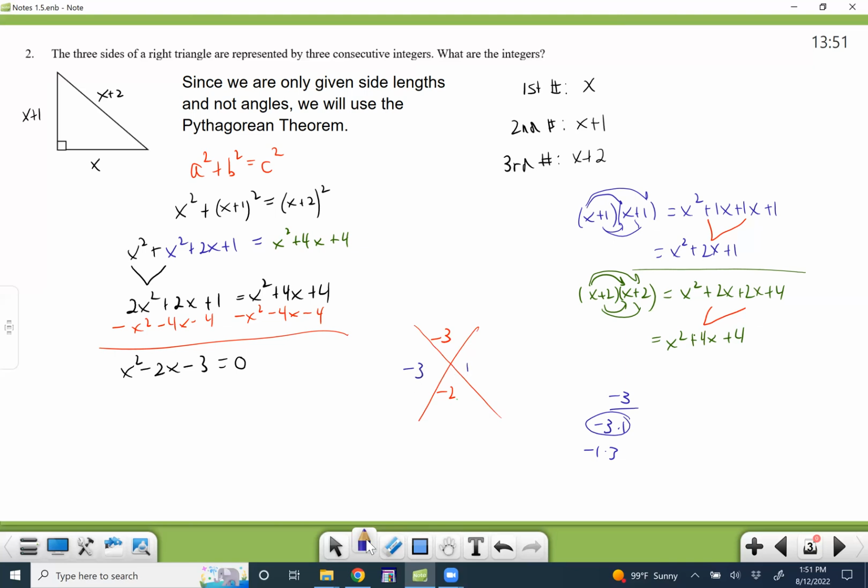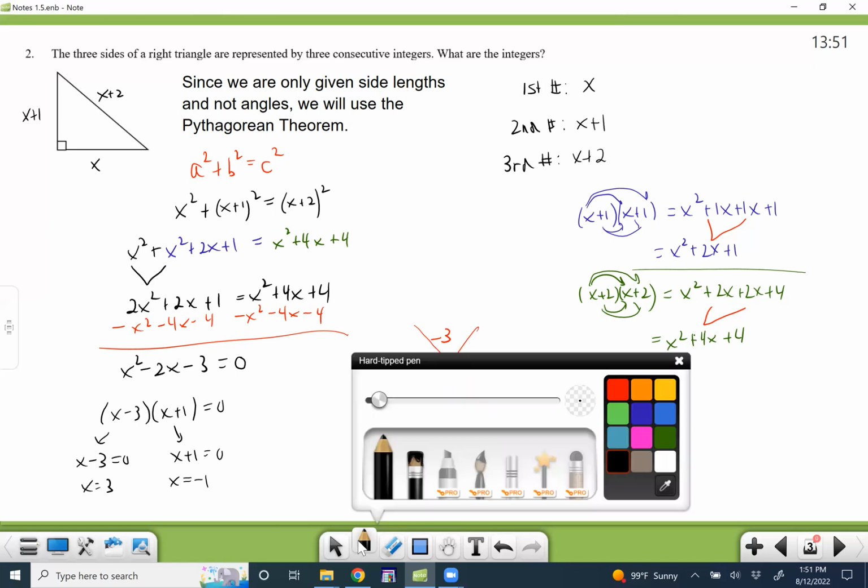So in our parentheses, we're going to put X minus 3, X plus 1. And we know that we set each piece equal to 0, right? You can see here when we move the 3 over, it's going to become positive. When we move the 1 over, it's going to become negative. Now, just because it's negative doesn't mean it's automatically out.